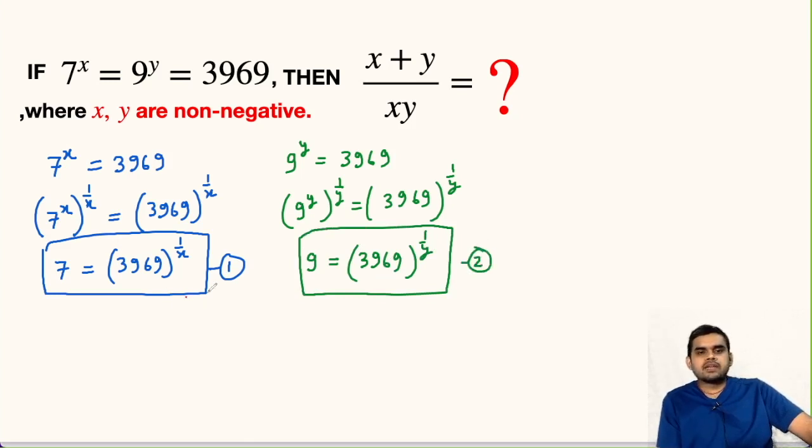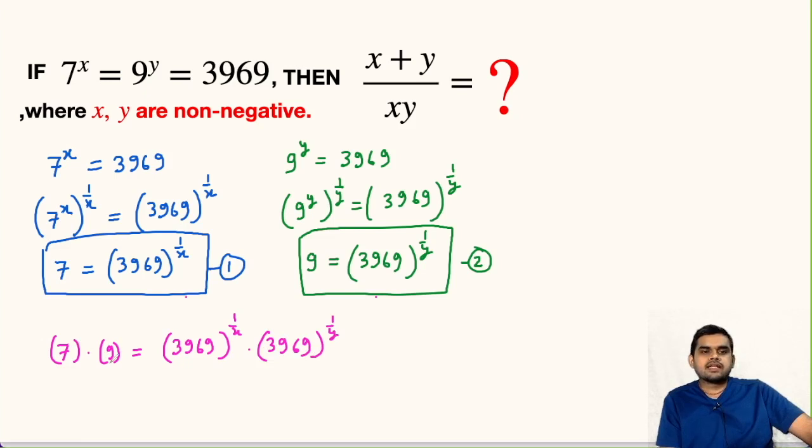Now we will multiply these two equations. So we can write 7 times 9 is equal to 3969 whole power 1 by x multiplied with 3969 whole power 1 upon y. So 7 times 9, 63 is equal to 3969 whole power 1 by x plus 1 by y.